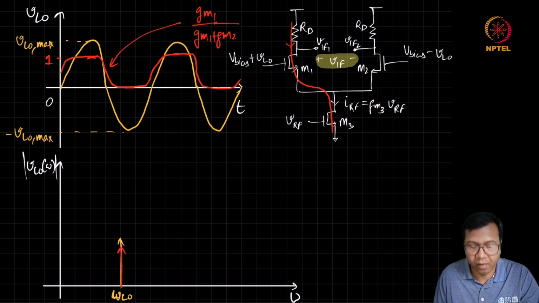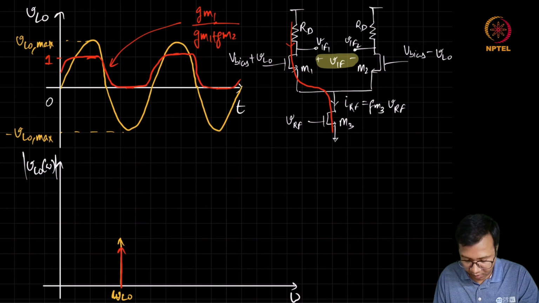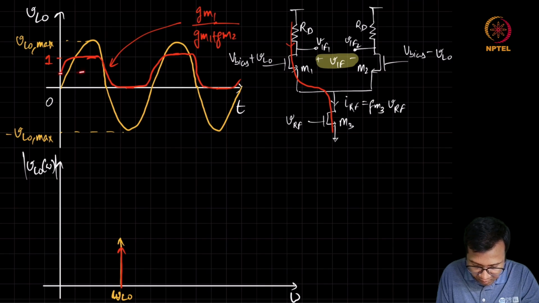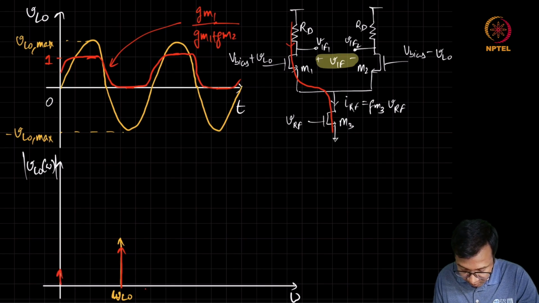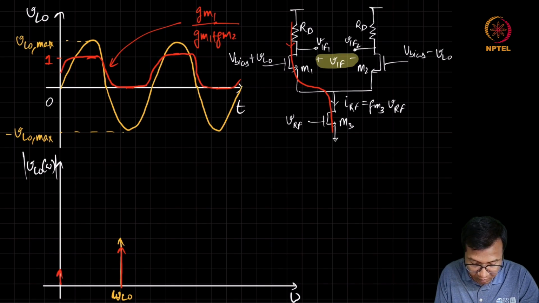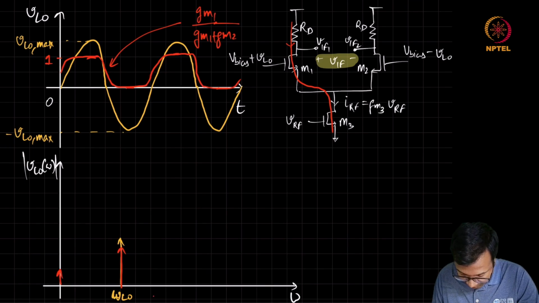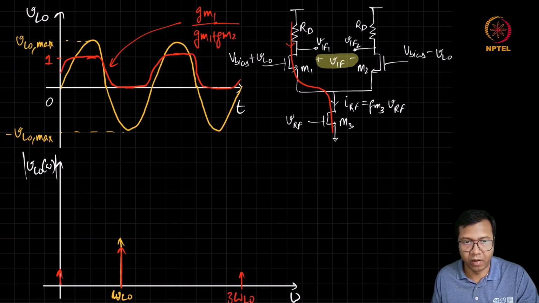There will be a fundamental tone at omega LO. But in addition to that, there is also a DC value. Then because of this half wave symmetry, it is only going to have odd harmonics, at 3 omega LO and something at 5 omega LO and so on.